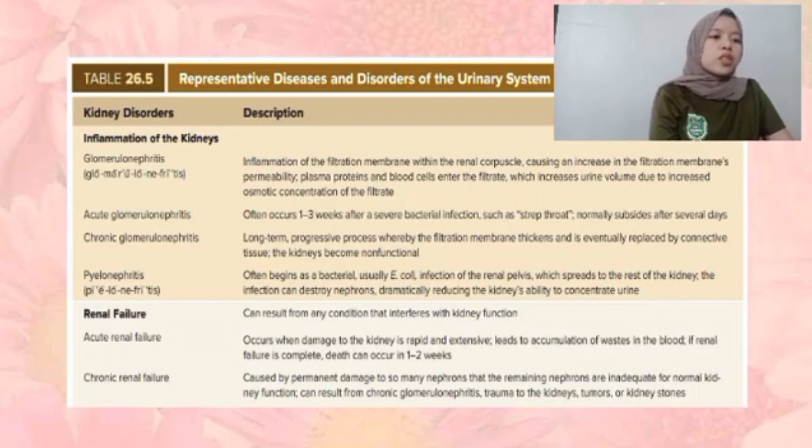If renal failure is complete, death can occur in 1 to 2 weeks. And lastly is chronic renal failure, caused by permanent damage to so many nephrons that the remaining nephrons are inadequate for normal kidney function, and it can result from chronic glomerulonephritis, trauma to the kidneys, tumors, or kidney stones.